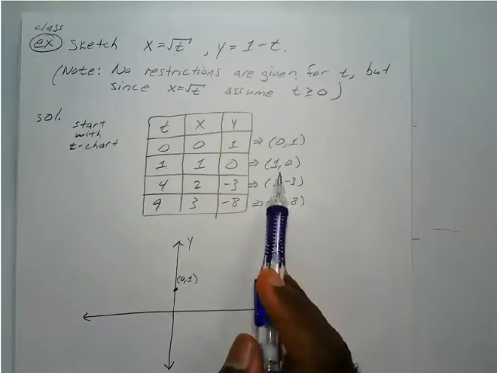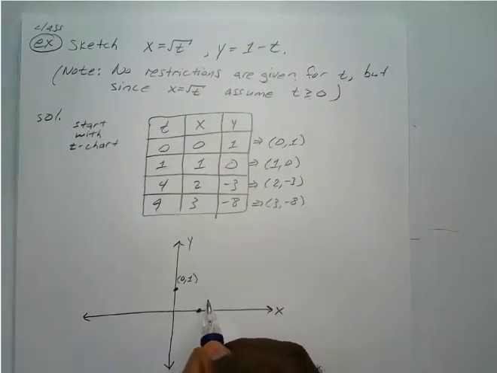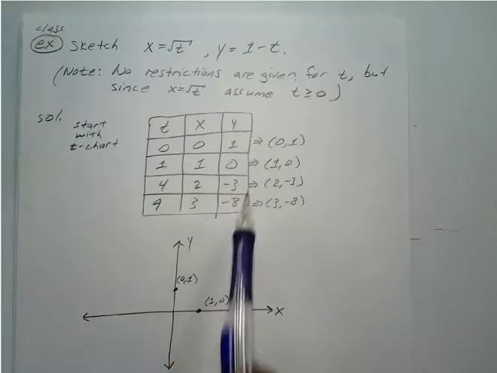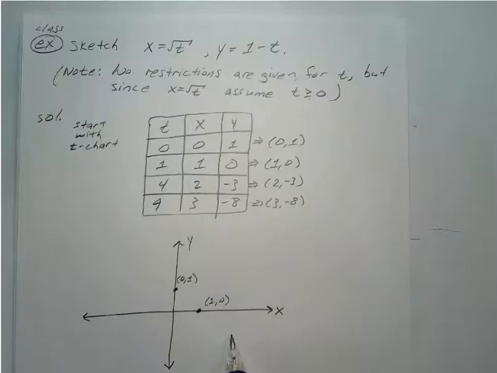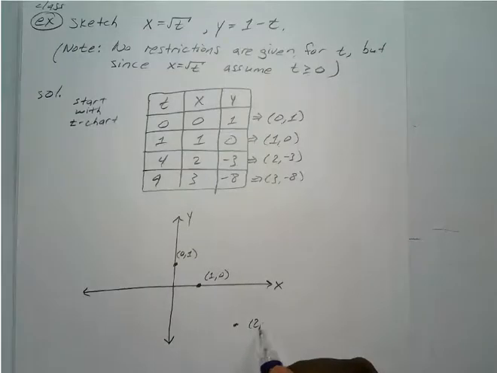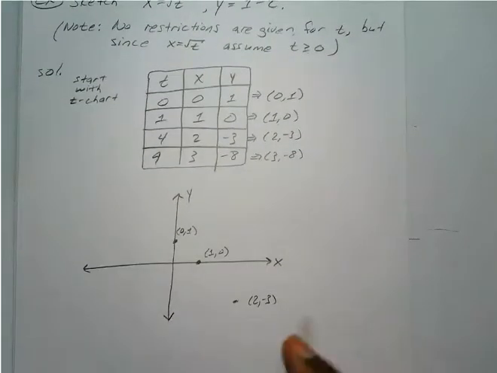And our second point, (1, 0). So that one we can put about right there. Our third point, (2, negative 3). So let's say 2, negative 3. And let's say our last point is (3, negative 8).